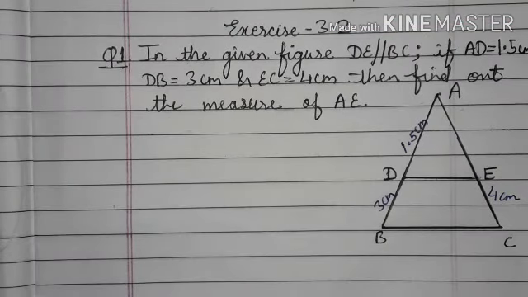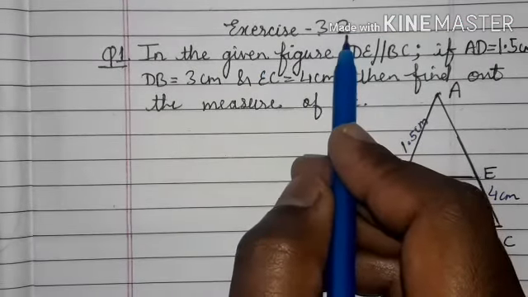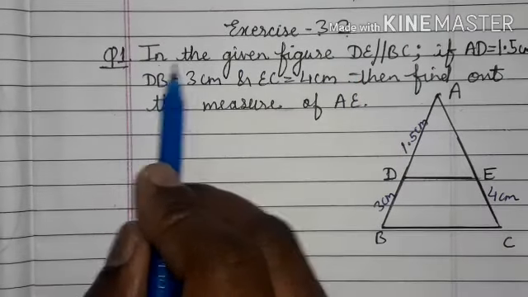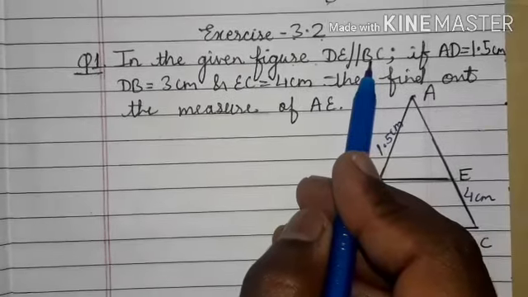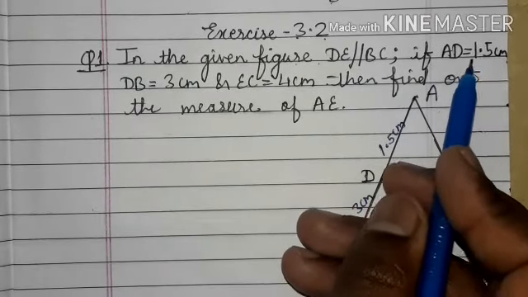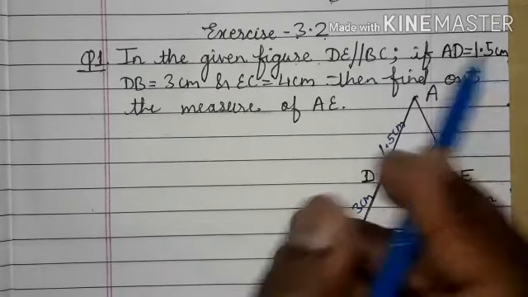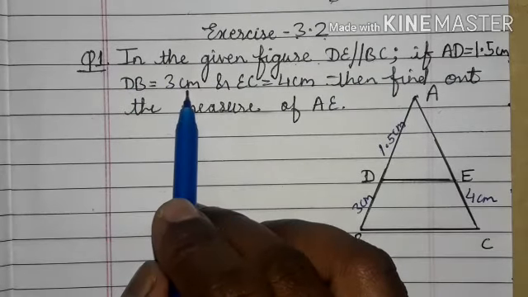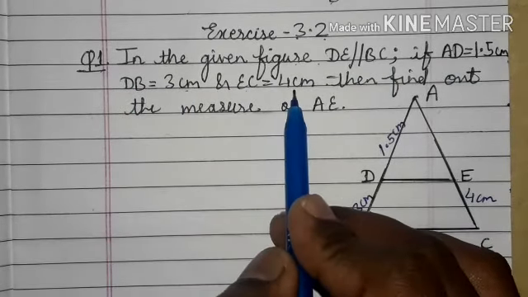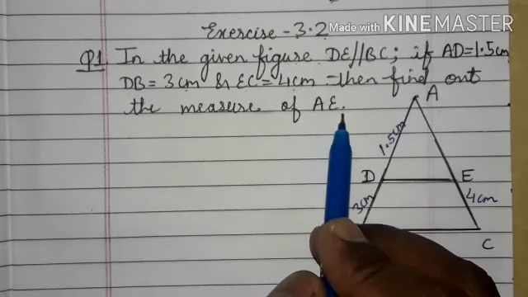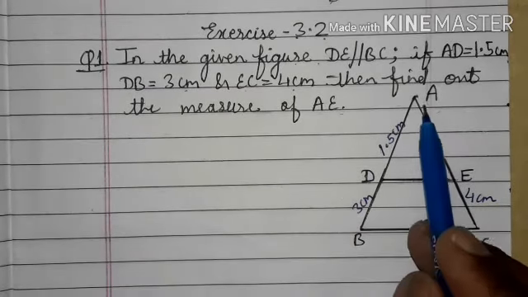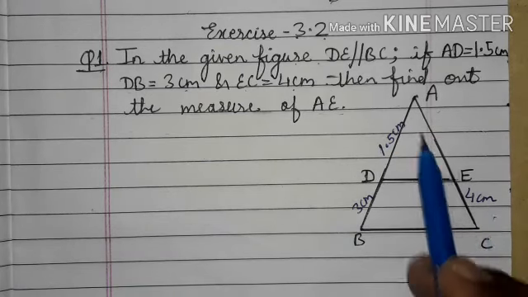Now see exercise 3.2, question number 1. In the given figure, DE is parallel to BC. If AD is equal to 1.5 cm, DB is equal to 3 cm, EC is equal to 4 cm, then find out the measure of AE. Here in the diagram all the measurements are given.